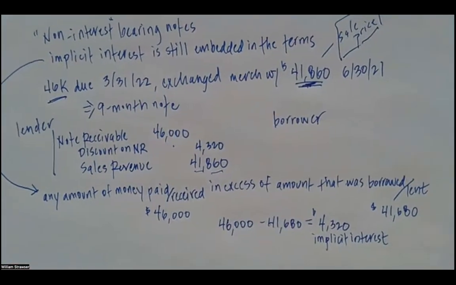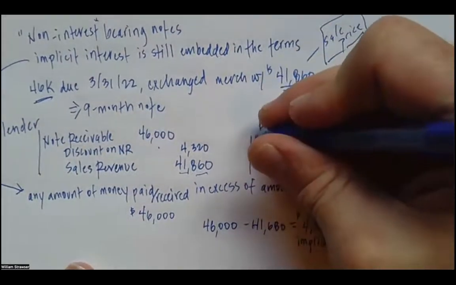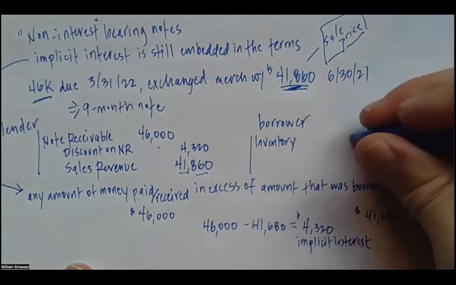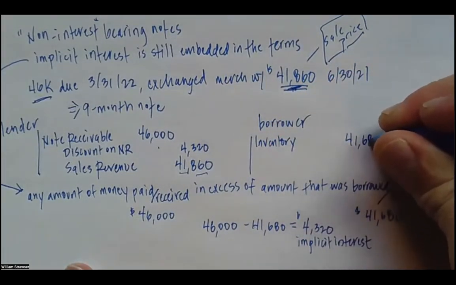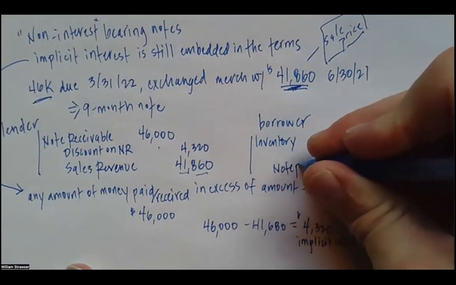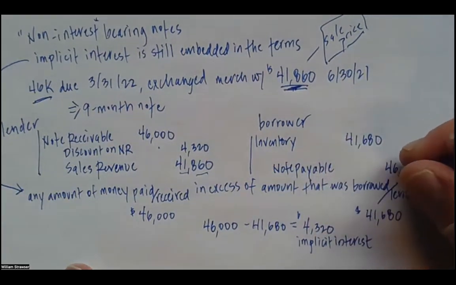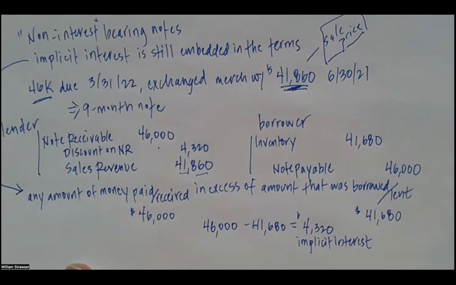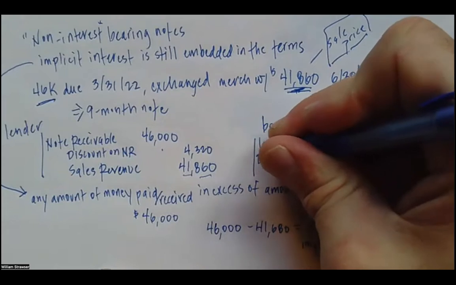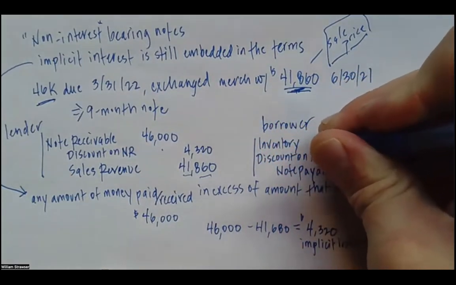Now the borrower would receive, we'll just call it, inventory. We'll pretend that they bought inventory with this note for $41,680. And they have a note payable because they had to pay $46,000, and they have the same thing, except now they're on the other side of this transaction.